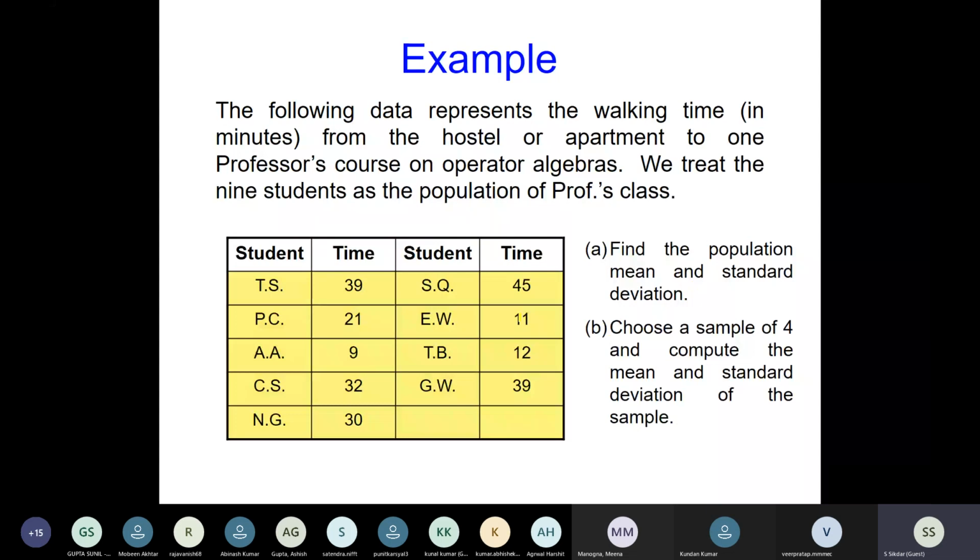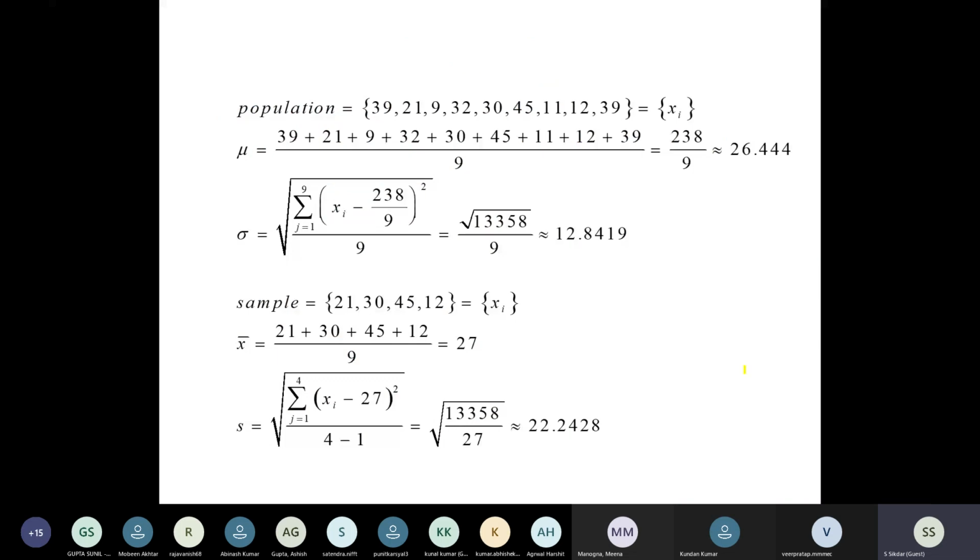The population mean in this case is over the 9 students, and then choose a sample of 4. Out of them, you choose 4 and compute the mean and standard deviation of the sample. So that's another task. Here you have the sigma value, and one is how it is calculated. The mu value is the mean value.